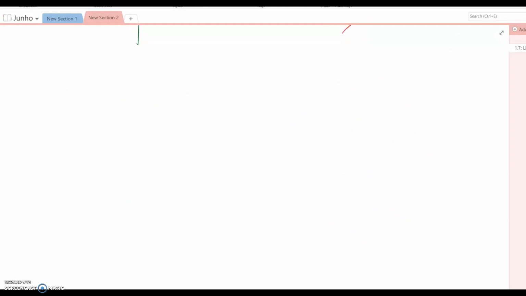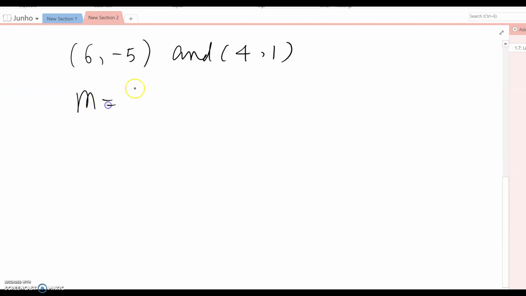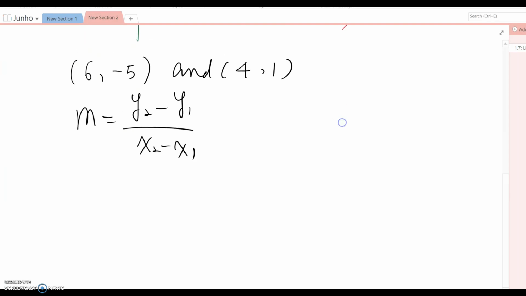Given 2 points, such as 6 and negative 5, and then 4, 1, how to find the slope? We can use the formula m equal to y2 minus y1 over x2 minus x1. How to determine x1, x2, y1, y2? Each ordered pair has the first value x and the second value y.